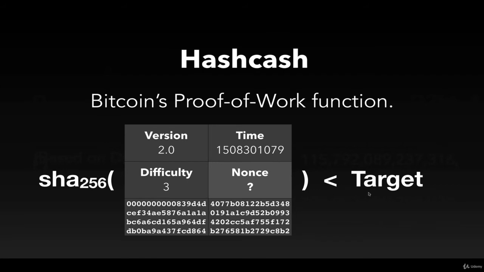And what that means is that you're going to have a ton of zeros at the beginning. Exactly what that target is, how it changes, and how it's calculated we'll go into later. But just think of that now as the goal. Instead of a yellow emoji, we're continually hashing things with a changing nonce until we find a really small number that starts with a bunch of zeros.